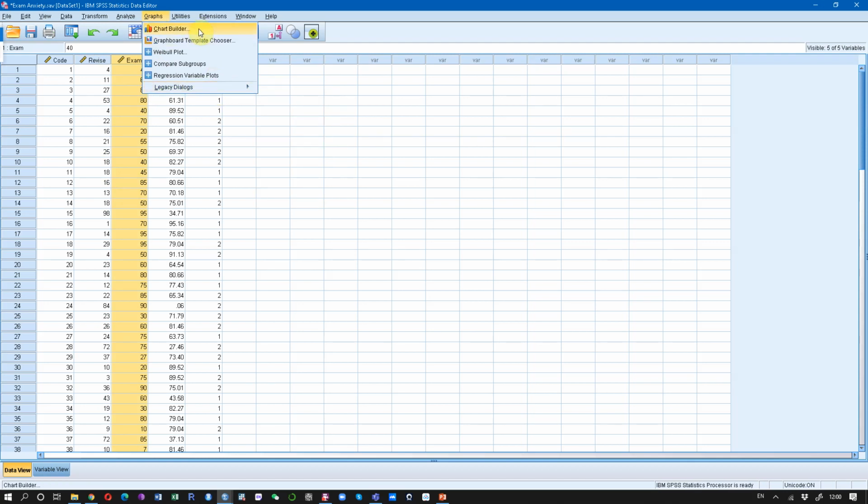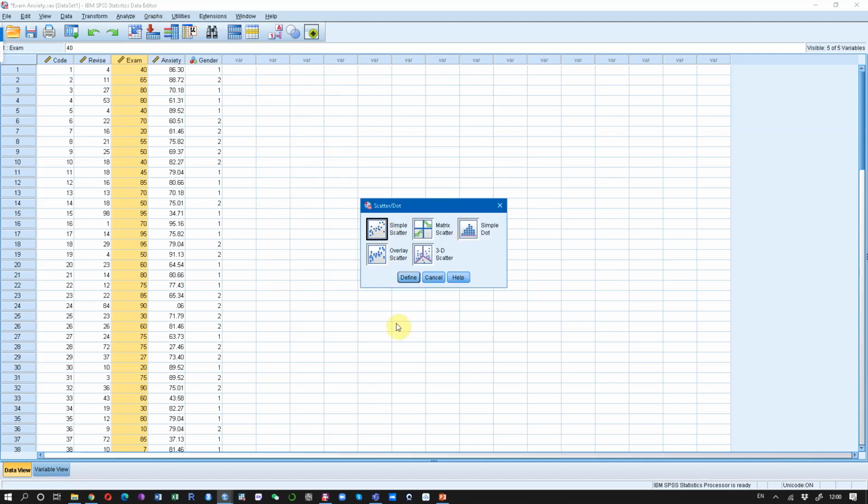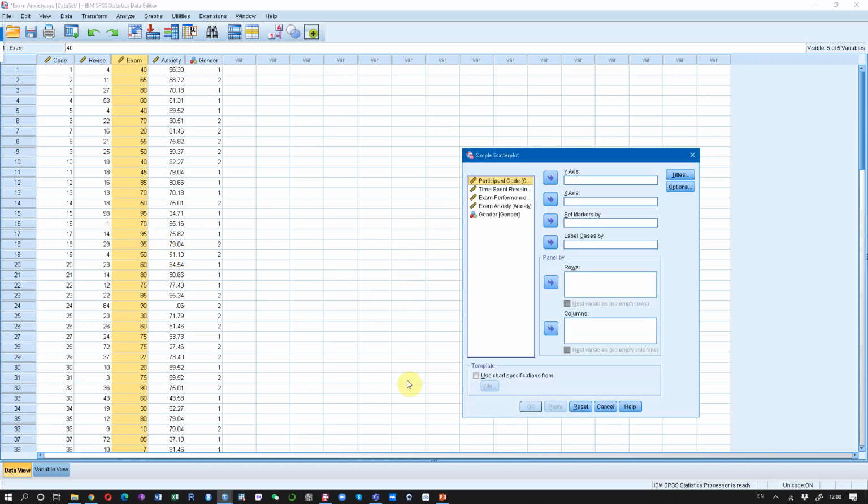Well, you could build your diagram from scratch, I don't mind, but here we just use the already made scatter plot command. So it's a simple scatter around two series of data. I just click on Define, and the x-axis is our independent variable and the y-axis is our dependent variable. You have to be very clear about that.